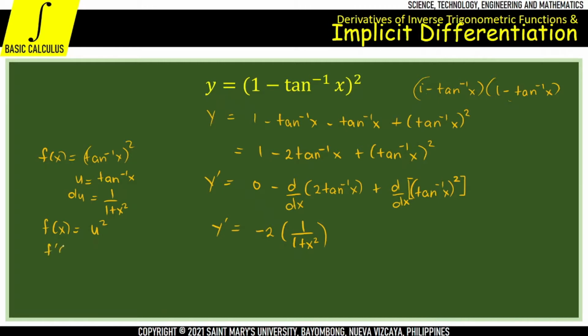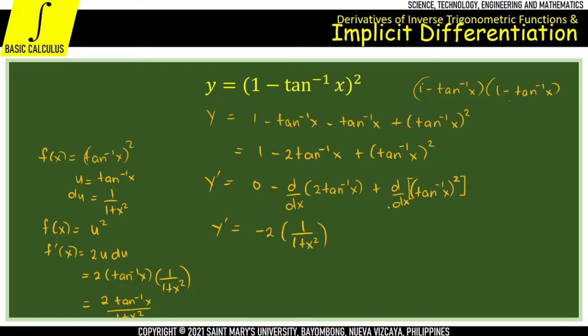And the derivative of the given function will be equal to 2u multiplied by the derivative of u, which means that is equal to 2 multiplied by u, which is the inverse tangent of x, multiplied by the derivative of u, which is further equal to 1 all over 1 plus x squared. And then simplifying our given expression, that is equal to 2 inverse tangent of x all over 1 plus x squared. So that is the derivative of the last term.